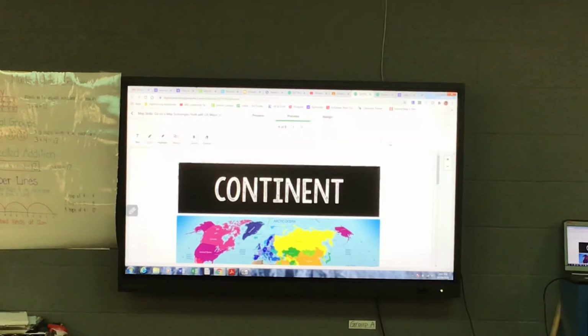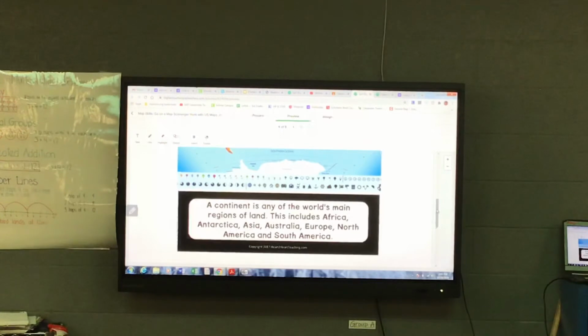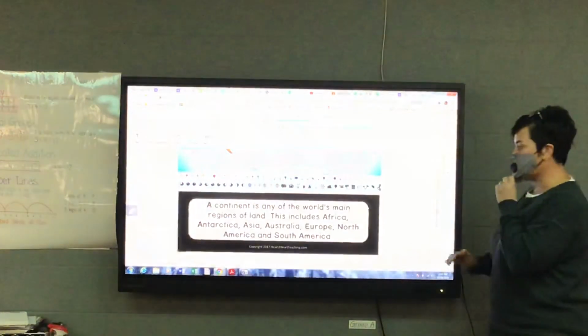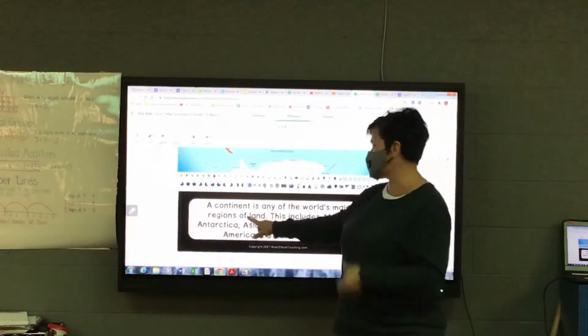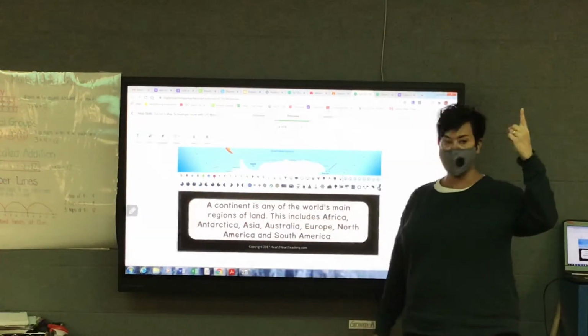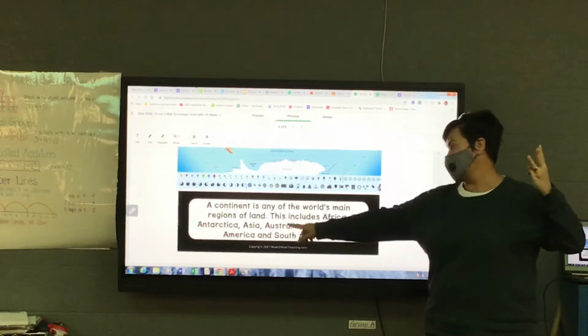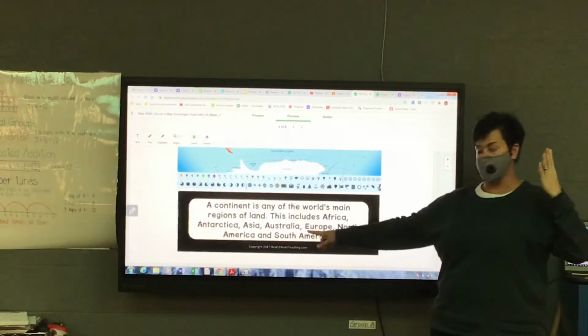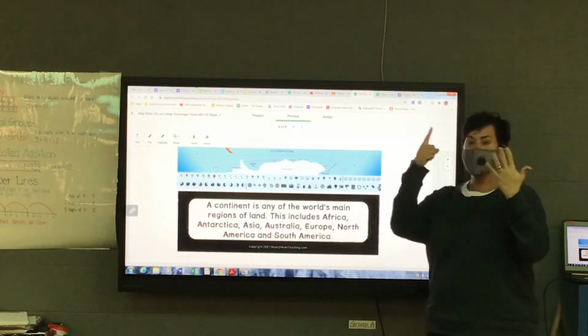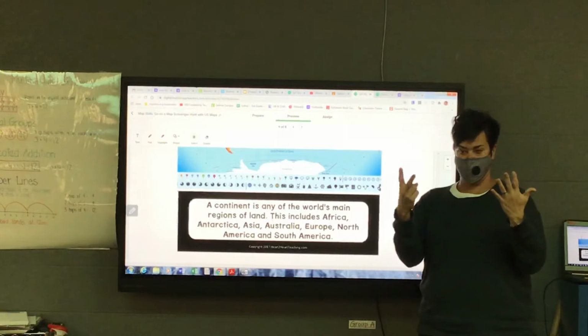Let's scroll down and read what it says about continent. A continent is any of the world's main regions of land. This includes Africa, Antarctica, Asia, Australia, Europe, North America, and South America.